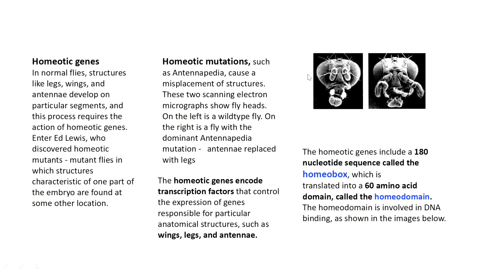All these are formed at different segments, and this development requires the action of homeotic genes. Ed Lewis was the scientist who discovered homeotic mutant flies, in which structures characteristic of one part of the embryo are found at some other location.